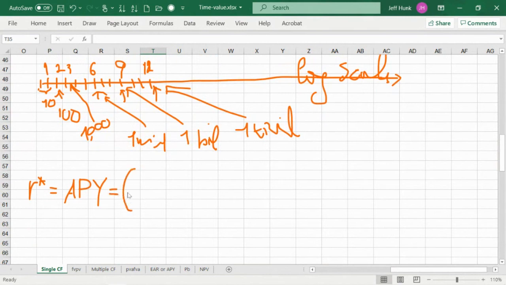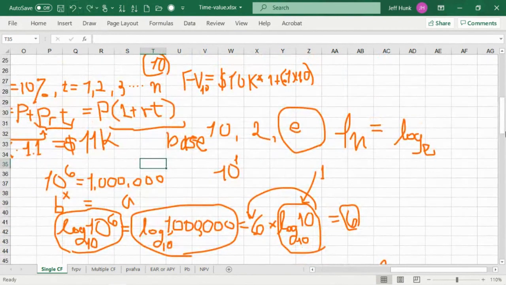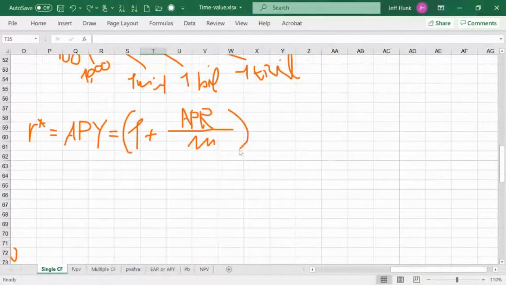The formula is 1 plus APR over M, raised to M. So that is basically the term that is used for finding APY.